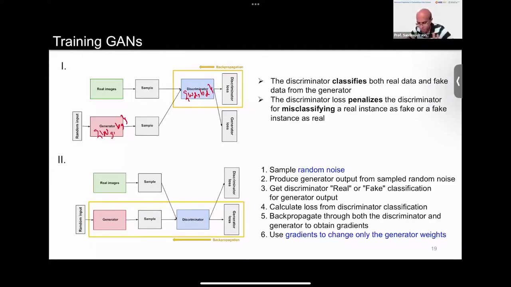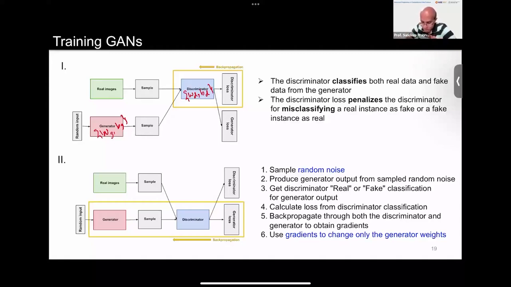Okay, so the first step, you're going to learn the discriminator weights, and it need not be one step, but it could be a few iterations of step 1, a few iterations of step 2, right? So it may not be 1 and 1, but it could be like batch processing.